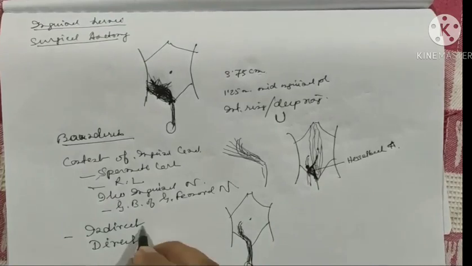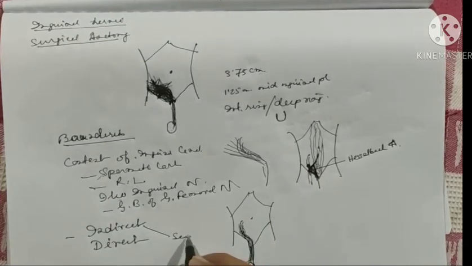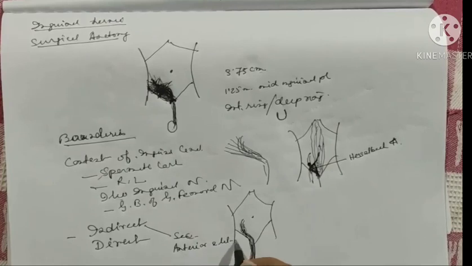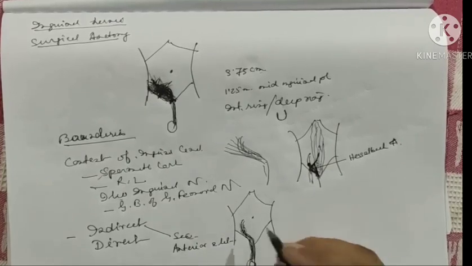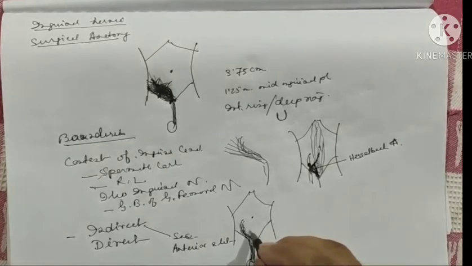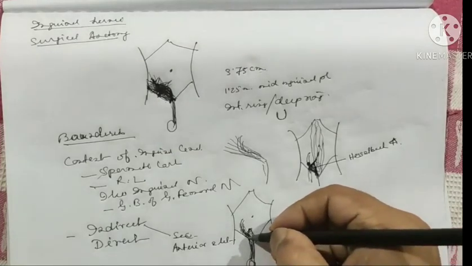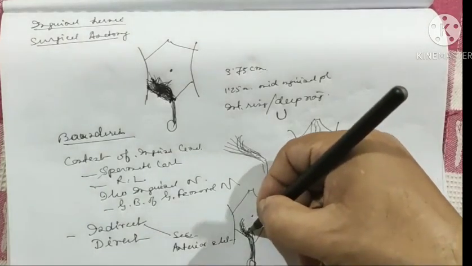The indirect inguinal hernia sac will be anterior and lateral to the spermatic cord. But in case of a direct hernia, this will directly come out. The spermatic cord comes out over the floor.